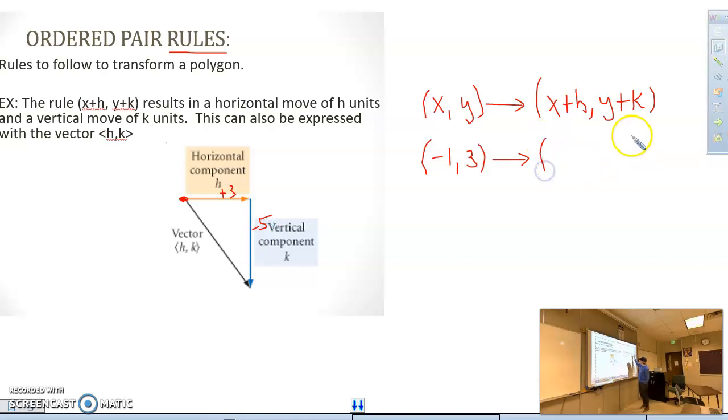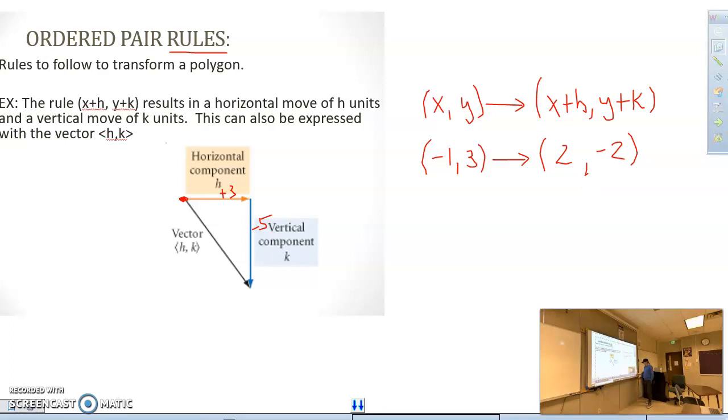So you would take your original point and apply that rule. So -1 plus 3 would be a +2, and then 3 minus the 5 would be a -2. So if I was going to apply the rule of x plus 3 and y minus 5, this would be what's called the mapping for that point. So this would be the original point, and this would be the new point.